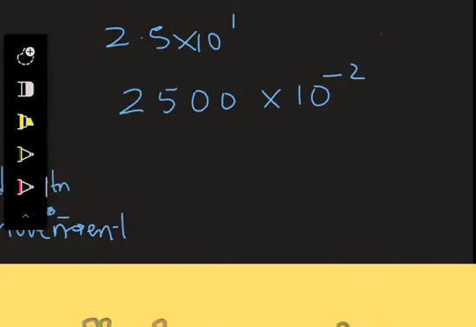The first value is minus 2, and this is plus 1. So why the difference in value? That's because of the number of times we move the point. But why the difference in sign? Here we have a positive sign, and here we have a negative sign. That is because of the direction to which we moved the point.